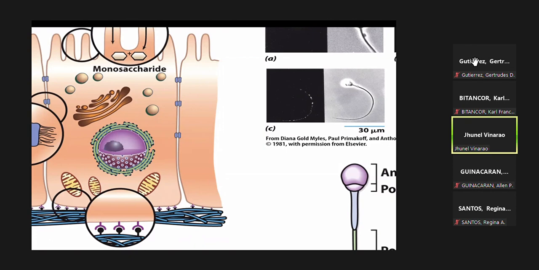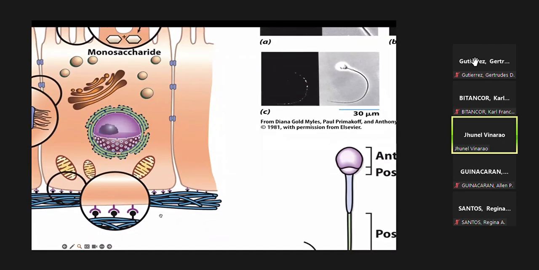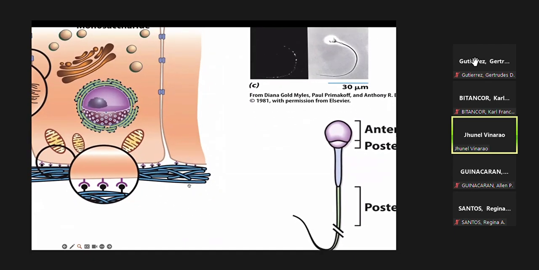And since late siyang na-produce ng ating katawan, it's being recognized as foreign by our immune system. No? So let's say this is the blood vessel. Kapag andito yung mga macrophages natin, or yung mga immune cells, 'di ba?